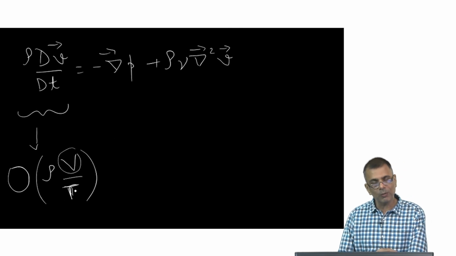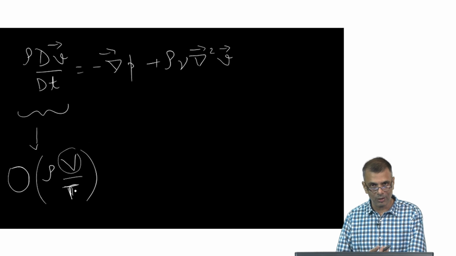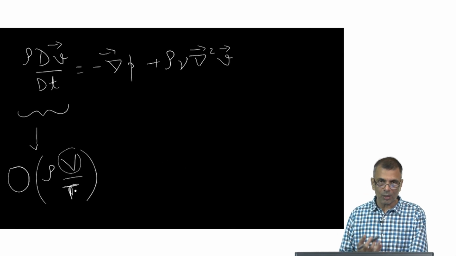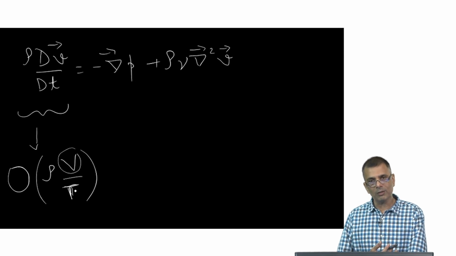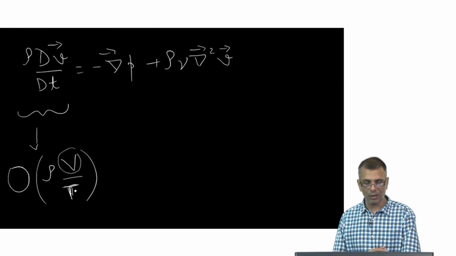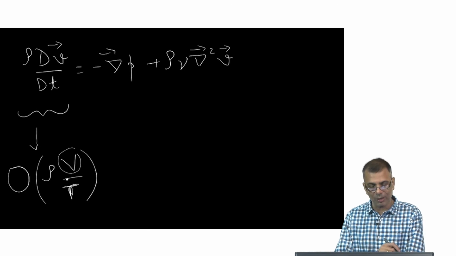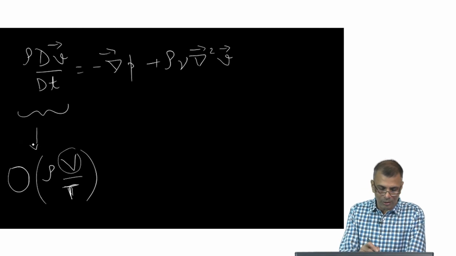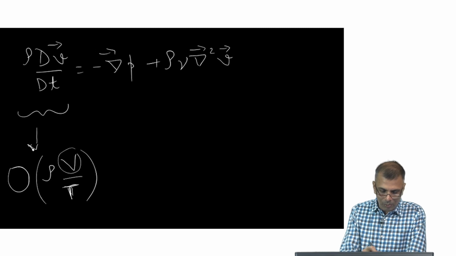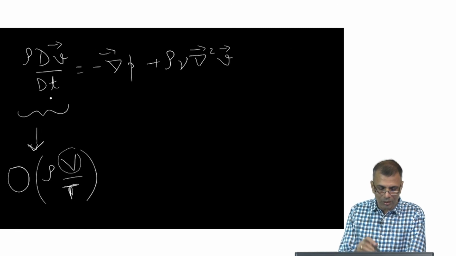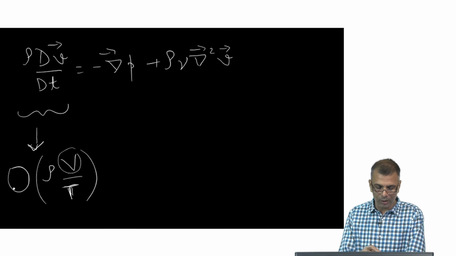So this is what we call a characteristic time scale. Although this concept is a little vague, it still makes sense to talk about a characteristic velocity and a characteristic time scale. Using these concepts, this term is of the order of rho times v over t.